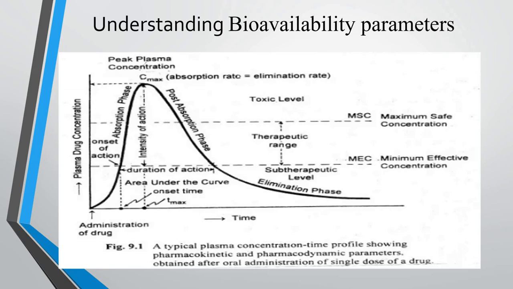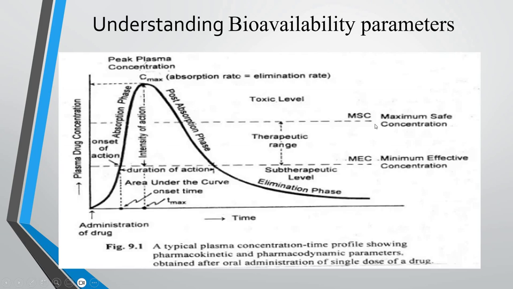Now there are a couple of things as PD. To observe an effect, this is the minimum concentration that needs to be in the body. Only then will the drug show some effect. That is one PD aspect of what the drug will do.